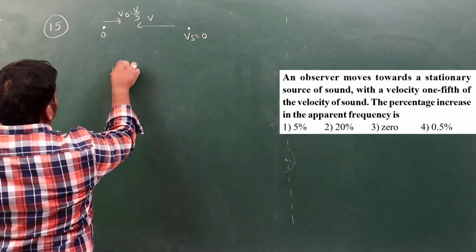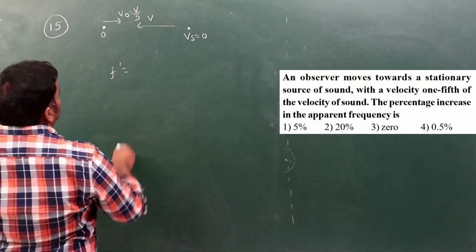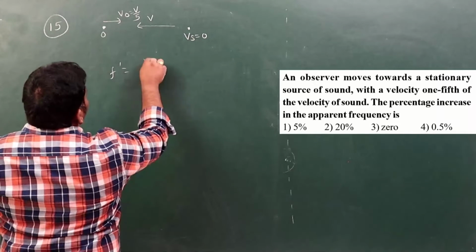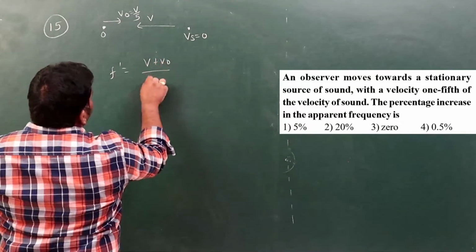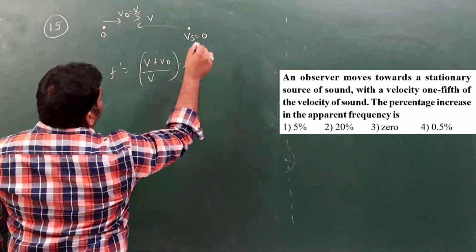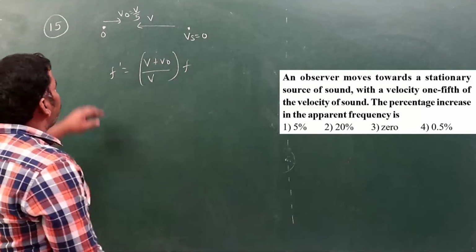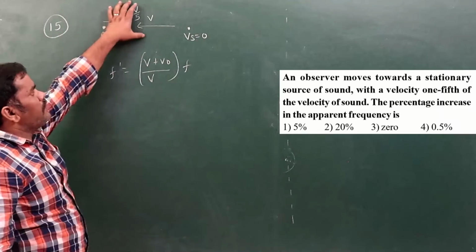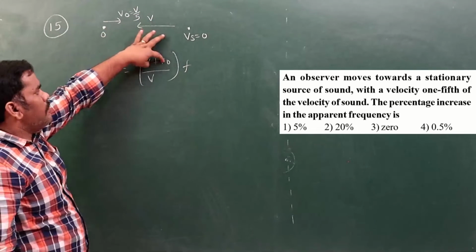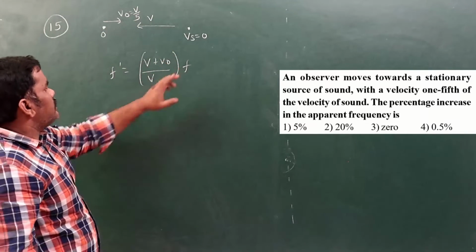Now we can write down the apparent frequency f dash is equal to (V plus V0) by V into F, because the velocity of sound and observer are in opposite directions, so it is taken as positive. The source is at rest.